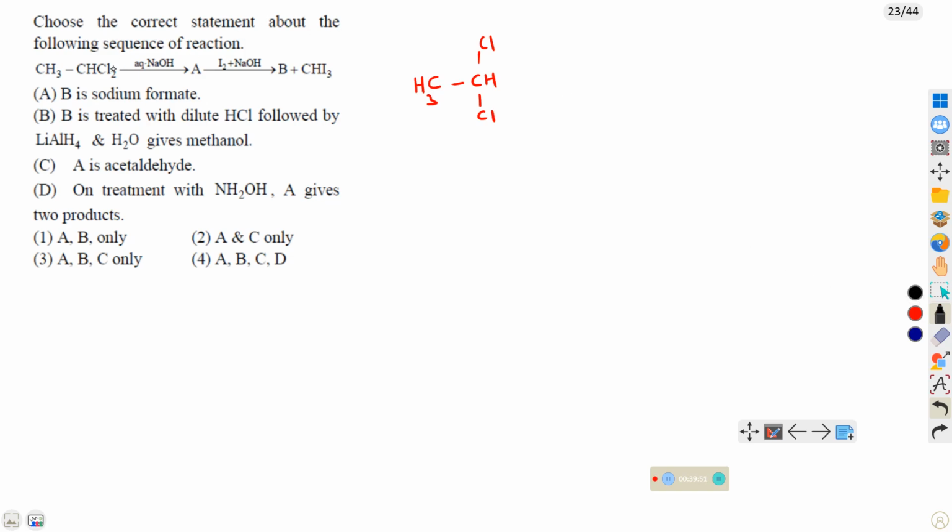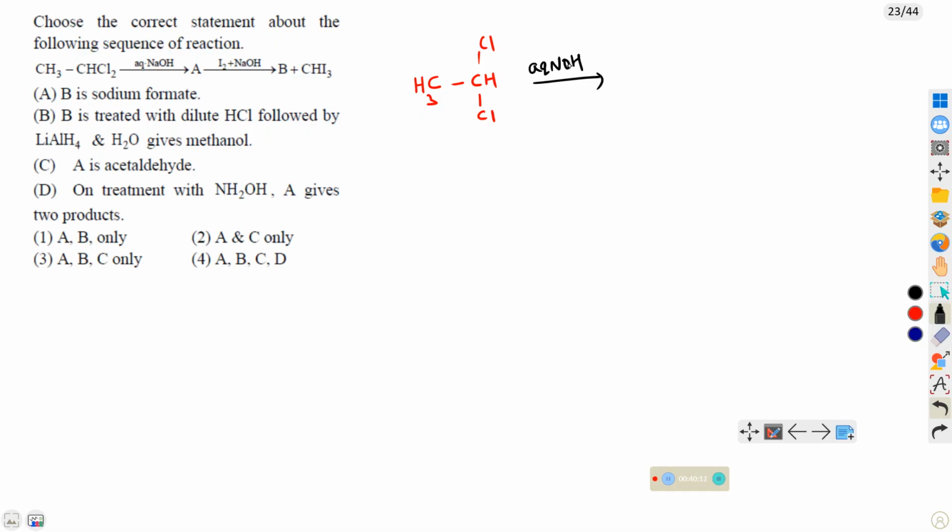Choose the correct statement about the following sequence of reactions. 1,1-dichloroethane reacts with aqueous NaOH.